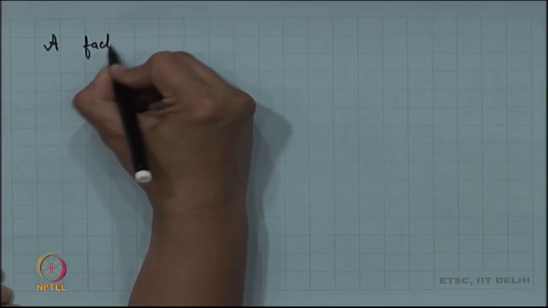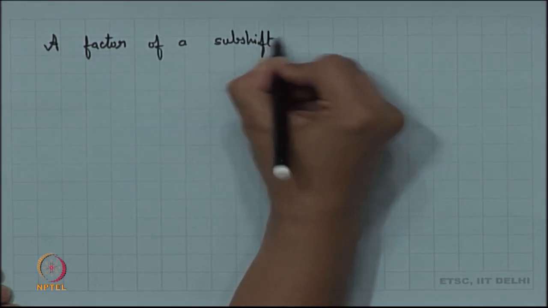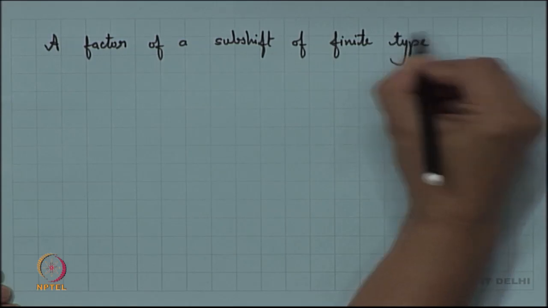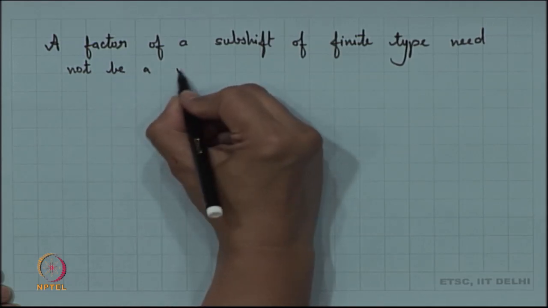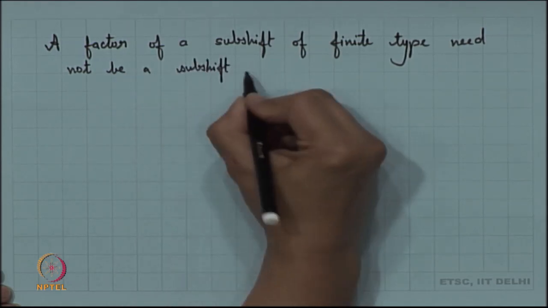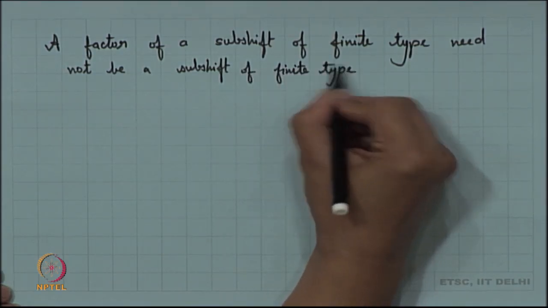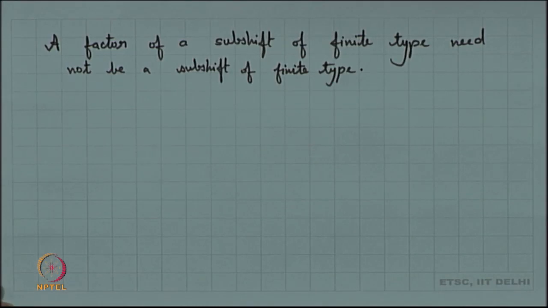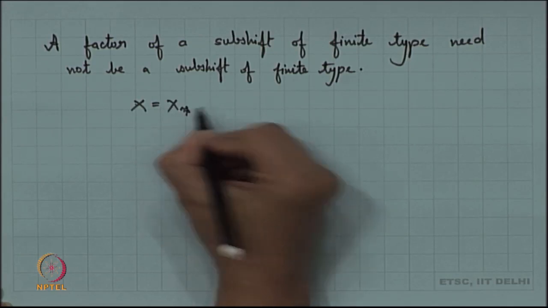All we want to say is that a factor of a subshift of finite type need not be a subshift of finite type. Now, we can think of this example. So, let us take our simple golden mean shift standard example.